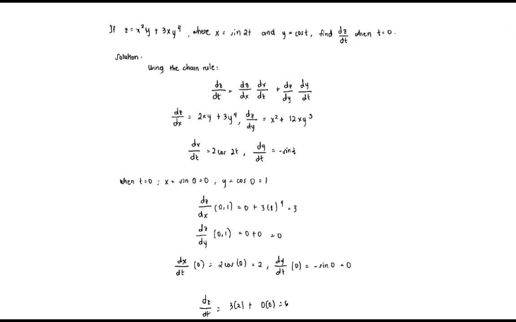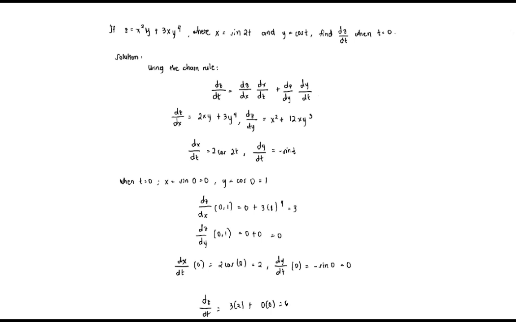So we have dz/dx equal to 2xy plus 3y to the fourth, and dz/dy equal to x squared plus 12xy cubed, because the first is the derivative with respect to x and the second is with respect to y.